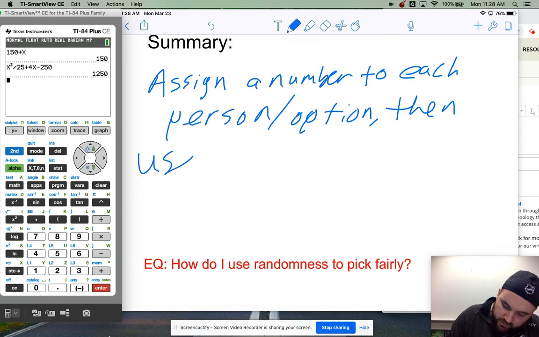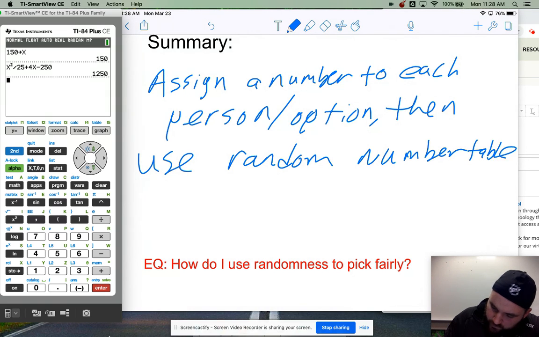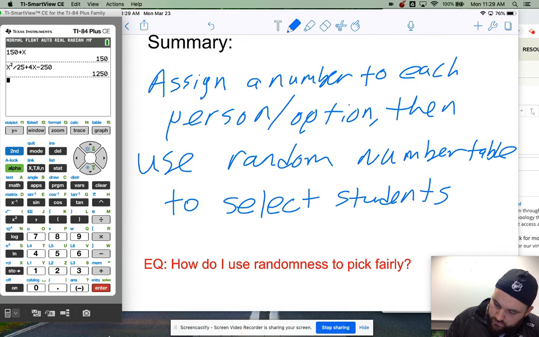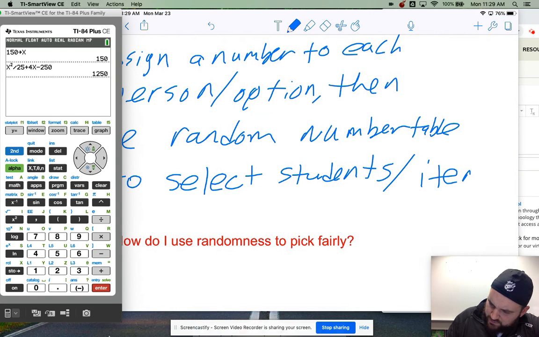Then use the random number table to select students or items. We'll just say items.